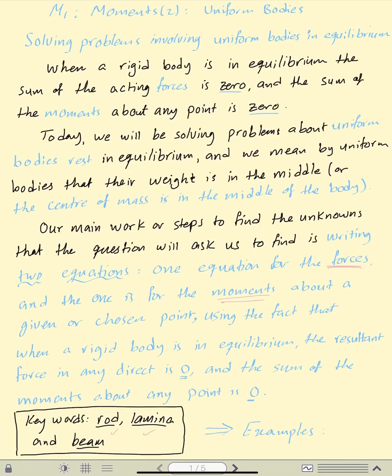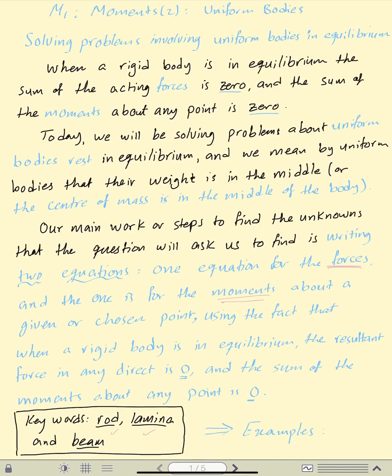We'll apply the main idea for today: the resultant force, the sum of the forces on the body, is 0, and the same for moments. The sum of moments at any chosen point, you will see this in the examples, is 0 as well.